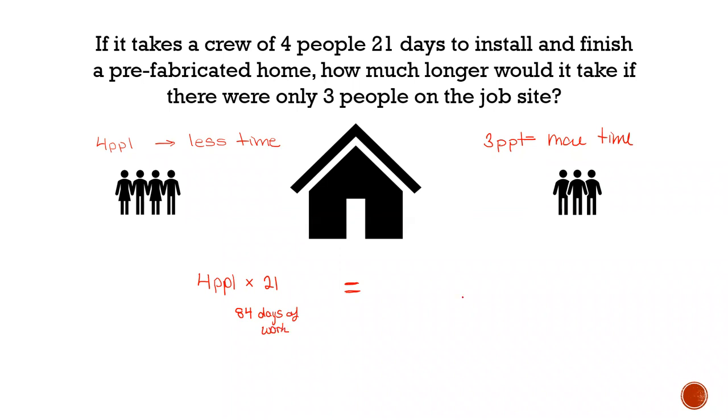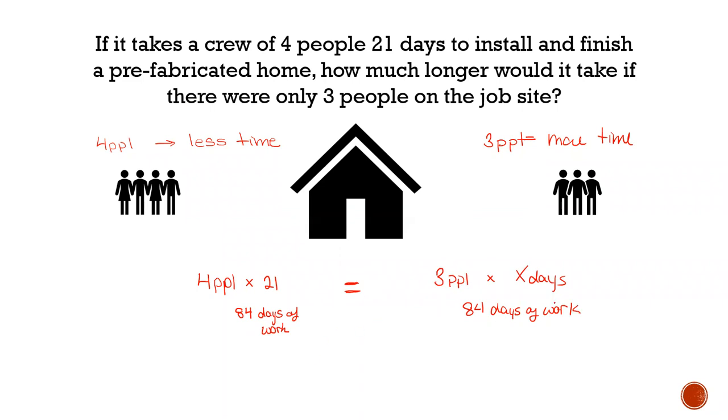Now over here, if I have 3 people times x number of days, that still has to be equal to 84 days of work. It has to remain the same. The job hasn't changed.